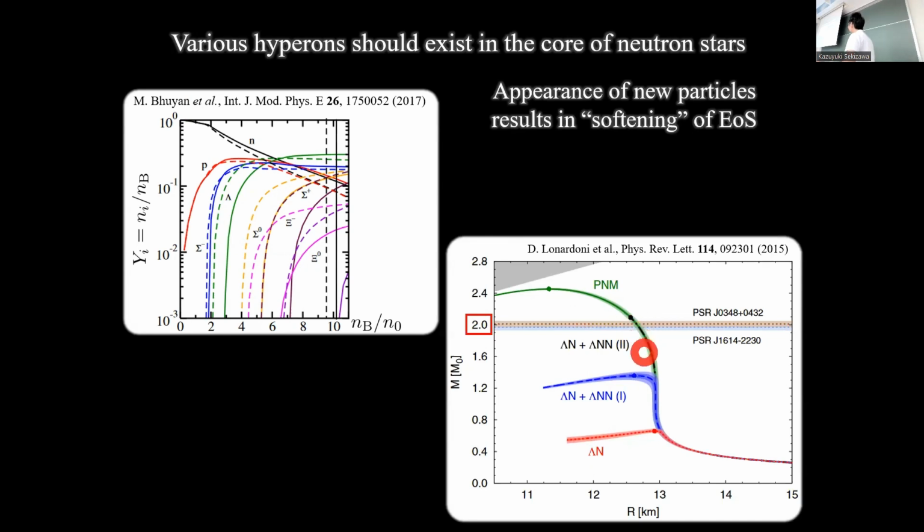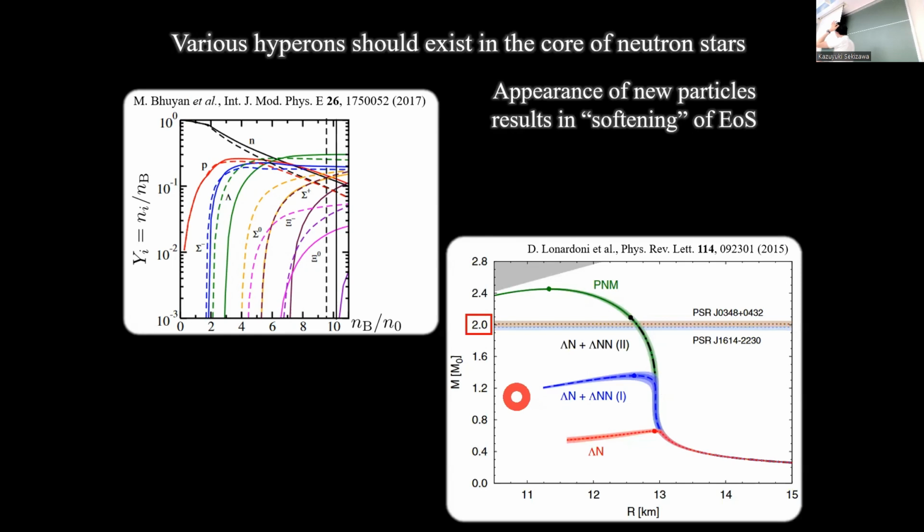When we consider pure neutron matter, PNM here, it goes like this, with maximum mass about 2.4 solar mass. But by introducing, in this case, lambda particles, the equation of state becomes much softer, and the maximum mass is significantly reduced.